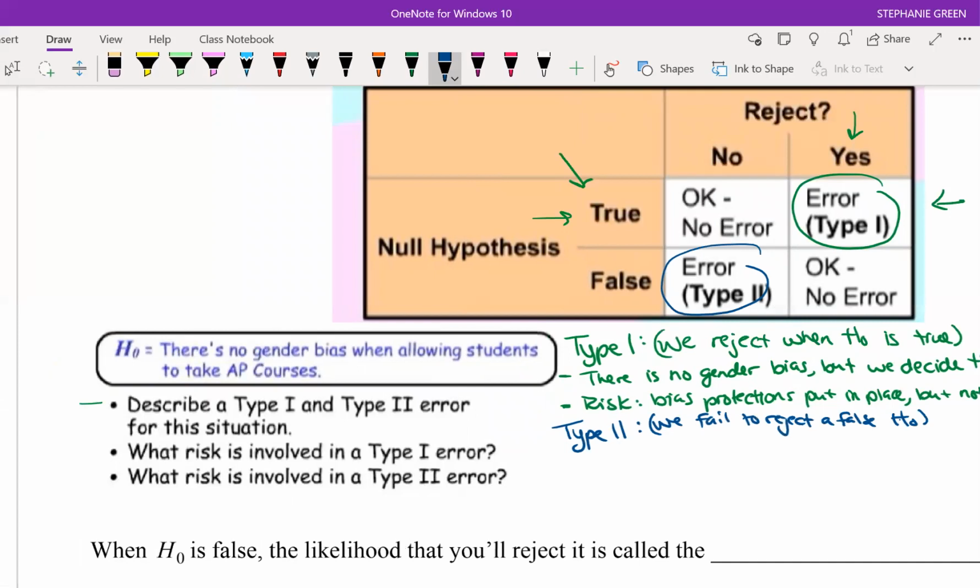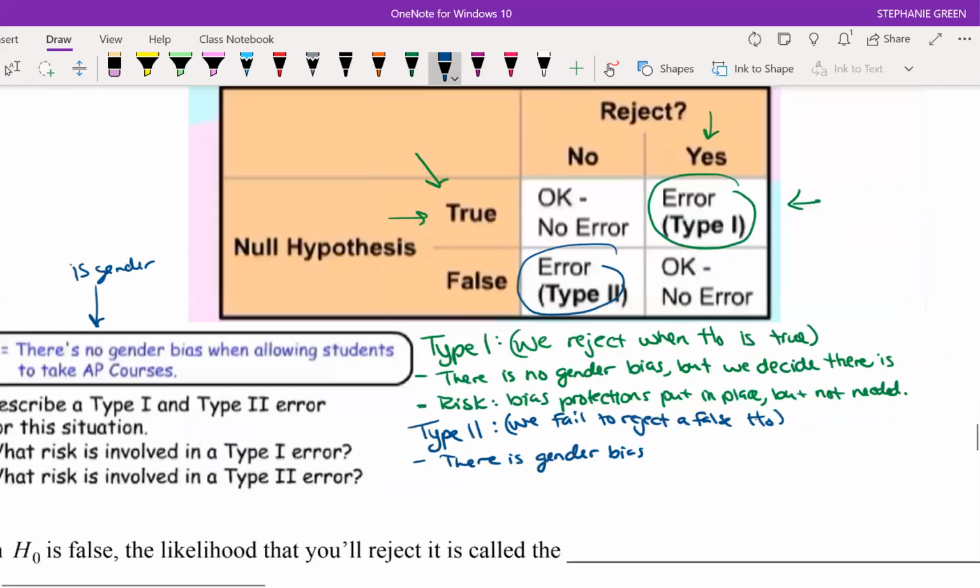That would mean that this is false, so there is gender bias, but we fail to recognize that.